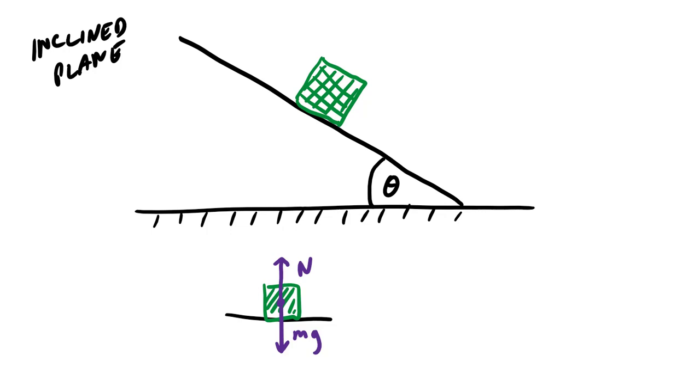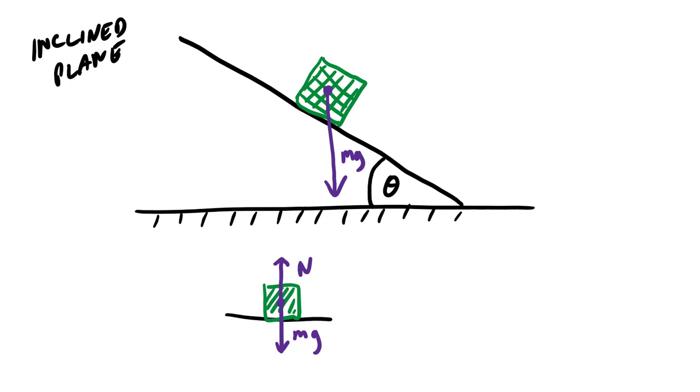Where that becomes a problem is if this surface is not perfectly flat, and that's when we come across an inclined plane. The force due to gravity is still the same, acting downwards. Now the reaction force from the surface needs to act perpendicular to the plane, so it has to act in this direction. In reality, it's reacting to the perpendicular component of the weight force.